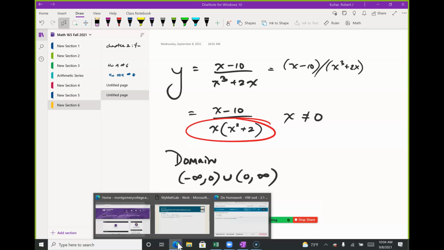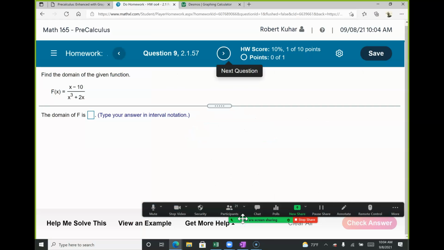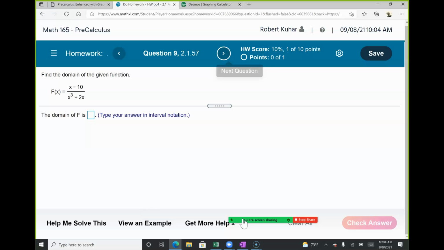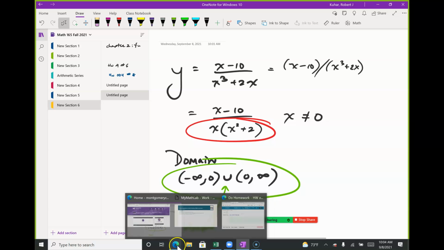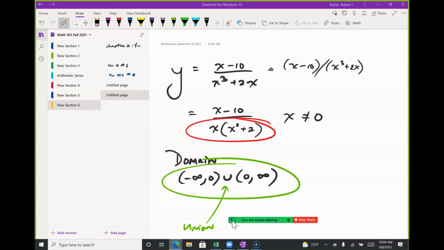Let's look at that next one. How would you write that on Math Excel? Yeah, that interval right there. That's what they want. And there's a union symbol in the math palette. Is there an infinity symbol as well? Yes.